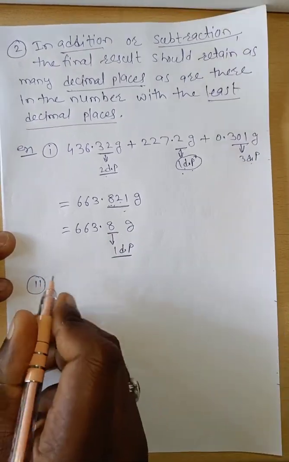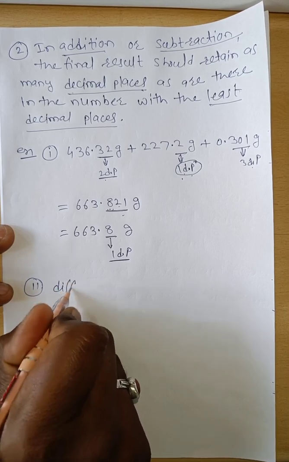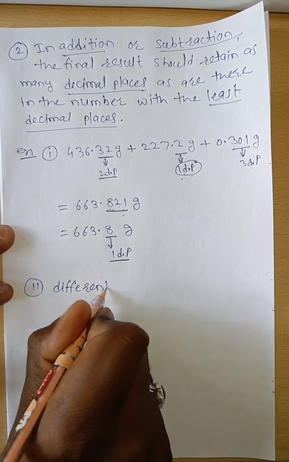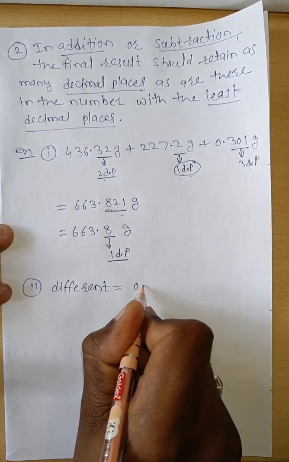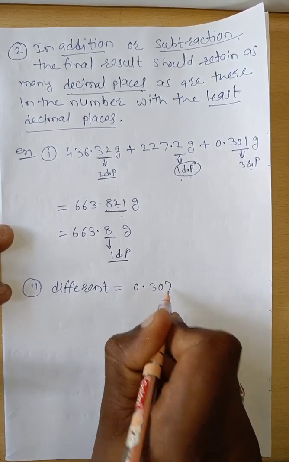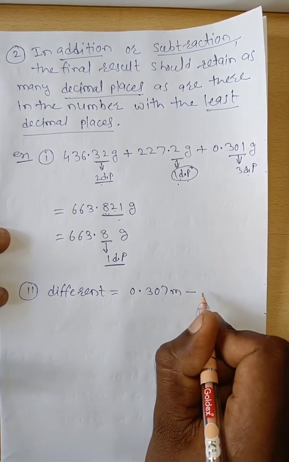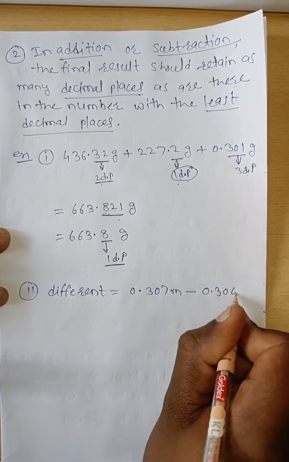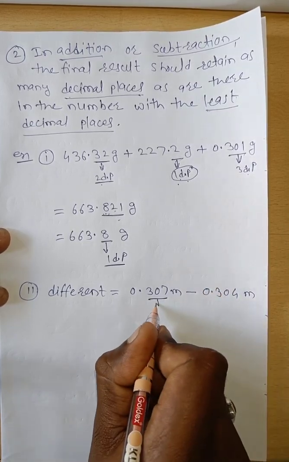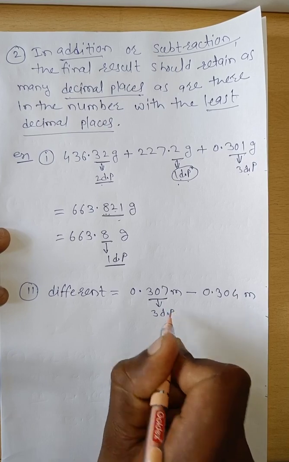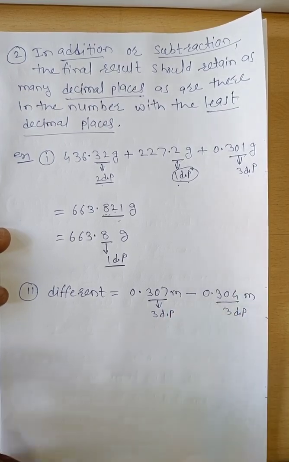Now similarly, we have to see when we perform a difference, the difference between two weights. The first quantity is 0.307 meters and the second quantity is minus 0.304 meters. In that case, the first quantity has three decimal places and the second quantity has three decimal places.